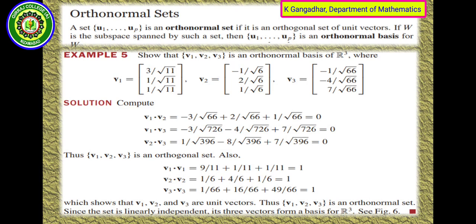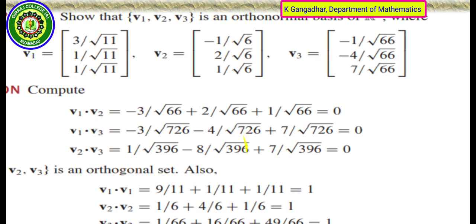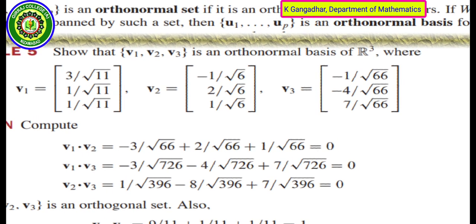If that set is a basis for the given vector space, it is called an orthonormal basis. Now we see the problem. One set is given: show that v1, v2, v3 is an orthonormal basis of R3.